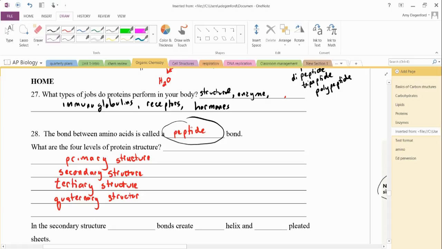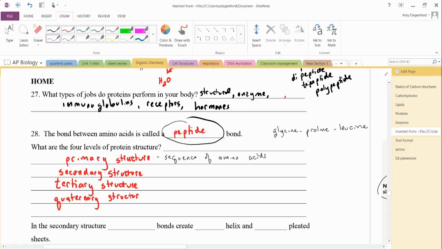The easiest of this and the most fundamental is the primary structure, and the primary structure is the sequence of the amino acids. And the sequence of amino acids is as simple as if we have, let's just take 3 different kinds: glycine, proline, and leucine.